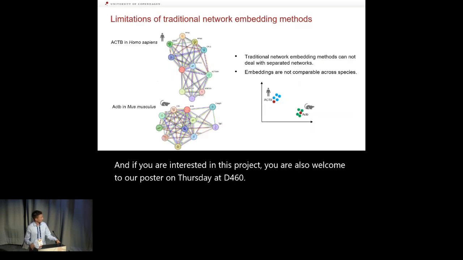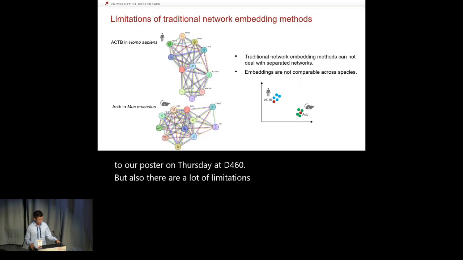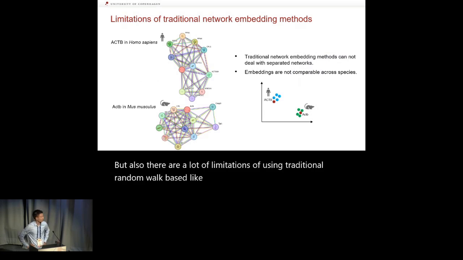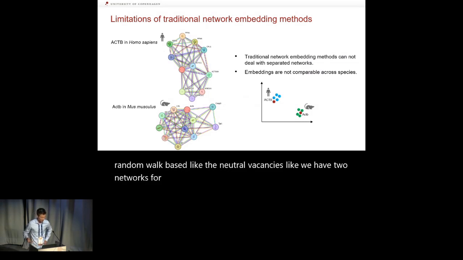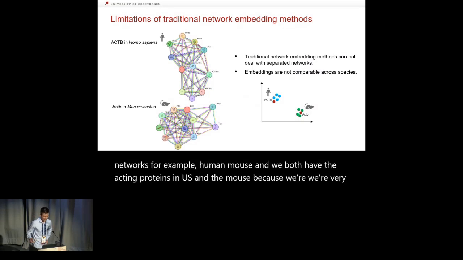But there are also a lot of limitations of using traditional random walk-based embeddings, like node2vec. For example, we have two networks, human and mouse, and we both have actin proteins, because we are very similar.